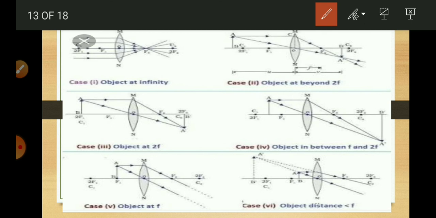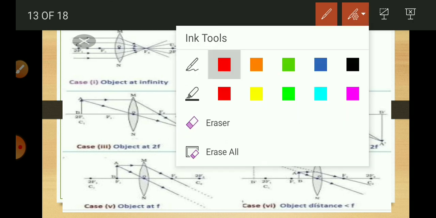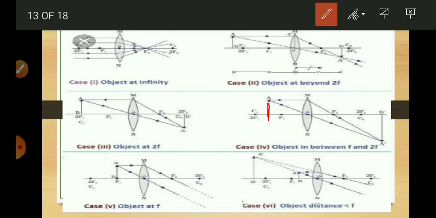Next is when the object is placed between f1 and 2f1. If the object is placed between 2f1 and f1, so this is our object AB. Then again we have to take two rays, that is the ray going parallel to the principal axis.